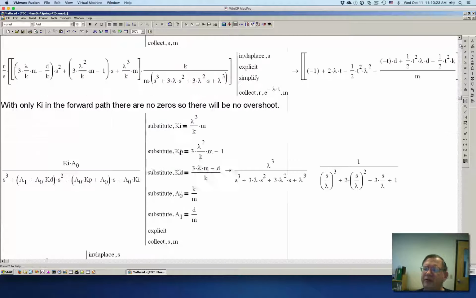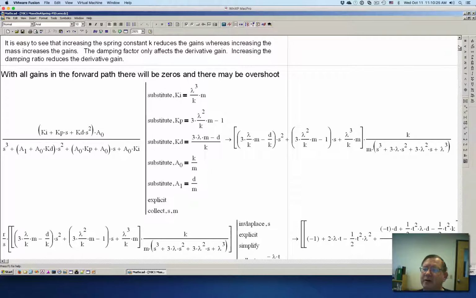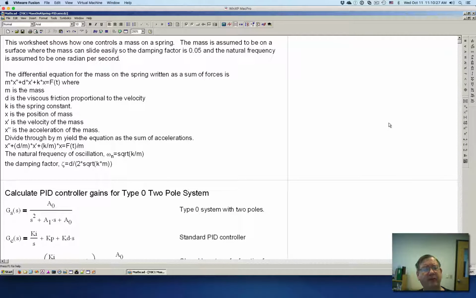I wish I'd started with this first, but the big thing is, why bother? The reason is that active damping, or damping a mass on a spring, is important to the automobile industry. For instance, there are companies like Bose that you normally think of for silencing headphones and stereo gear.